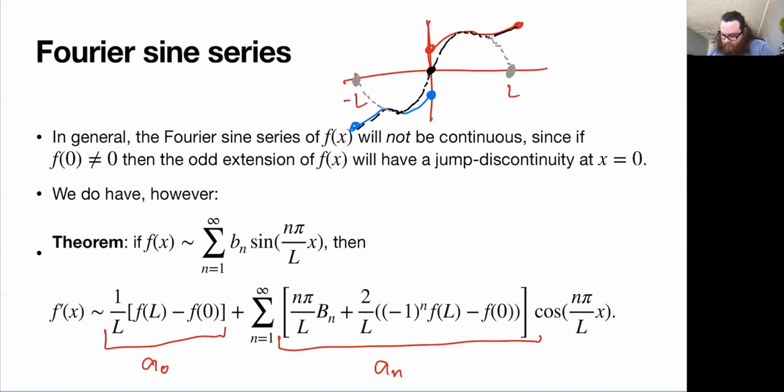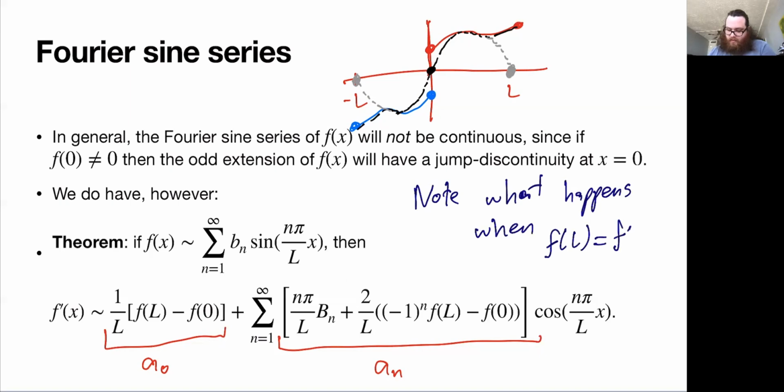Yeah. And so one observation is, maybe I'll just write it explicitly here. So note what happens when f of L is equal to f of 0, which is equal to 0. So if this happens, well, over here, this is 0 and this is 0.